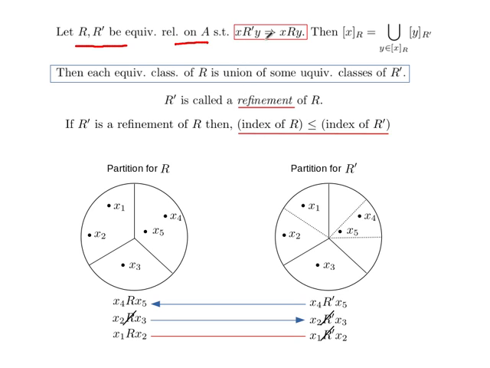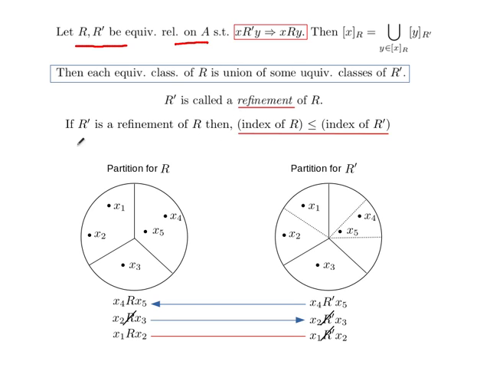And if you have this refinement, so R prime is a refinement of R, and suppose you have this equality. You can have equality only if R is equal to R prime, right?